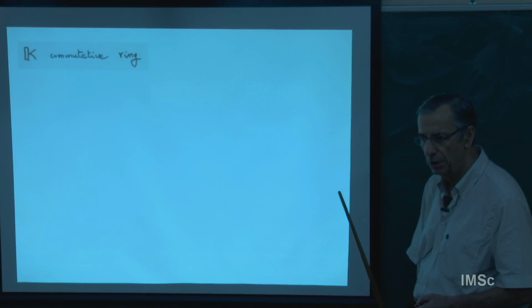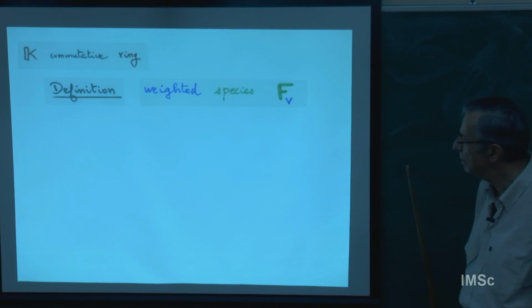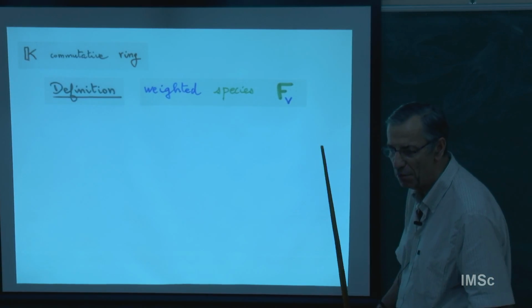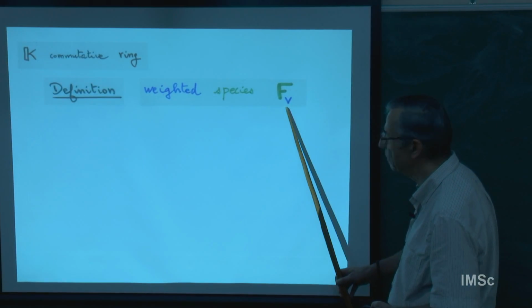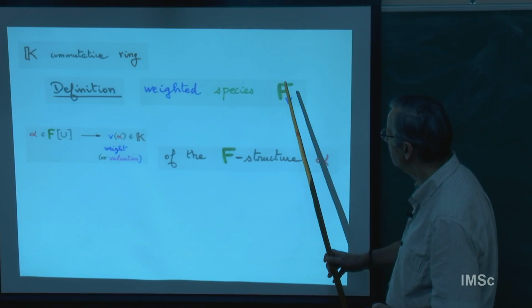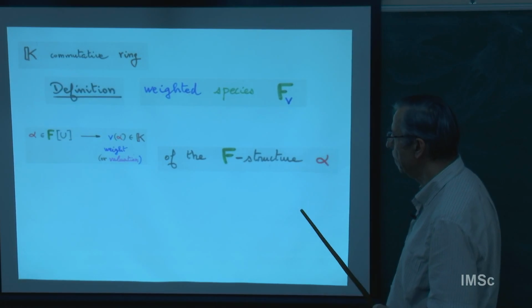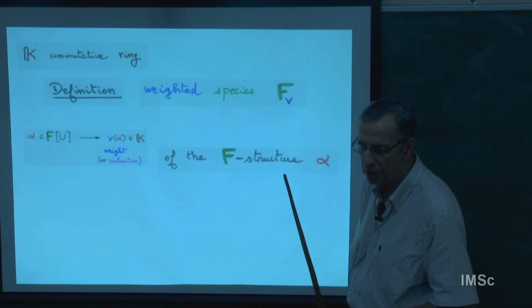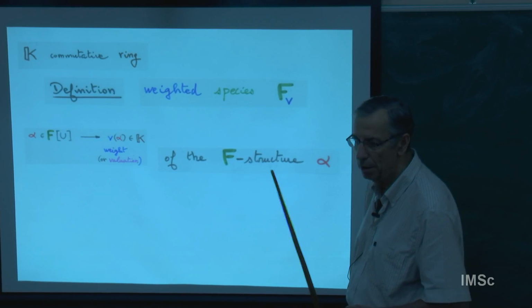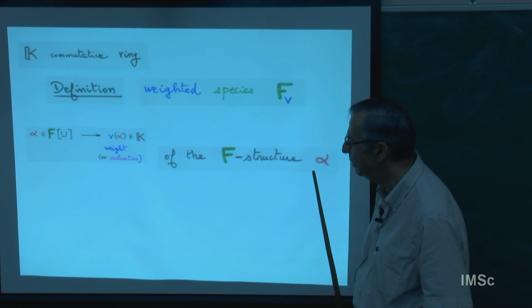So I am going to define what weighted species are. It's an analogous definition to species, but there is an extra thing which is the weight, or V, for valuation. So we have a species F with a weight V. I take a commutative ring, which is going to be the space of the weights. The ring can be numbers, or polynomials, anything.